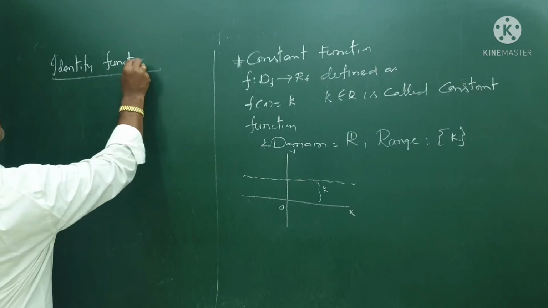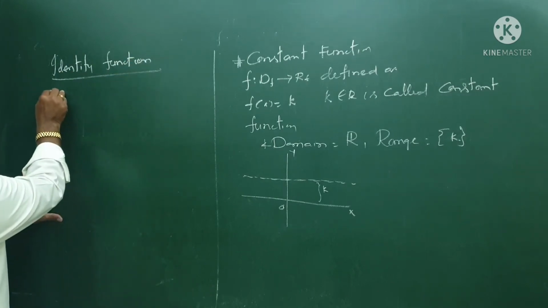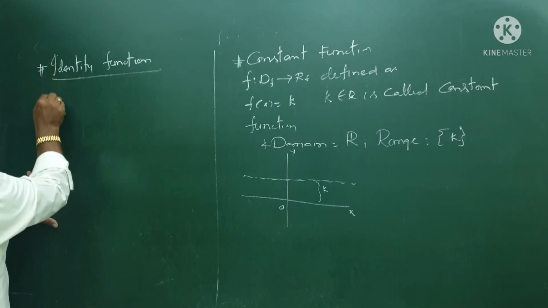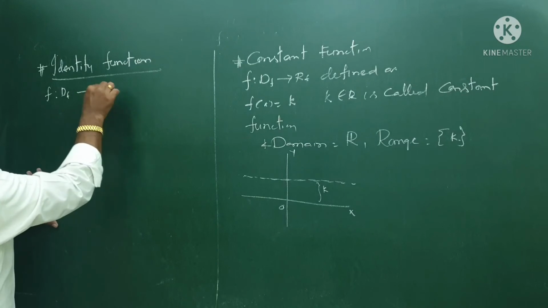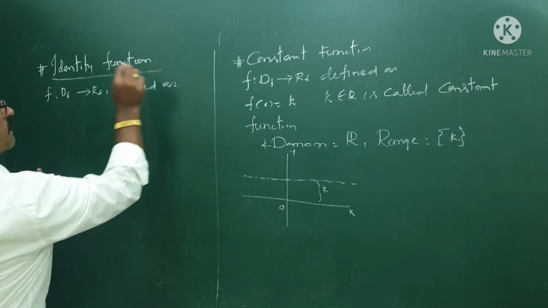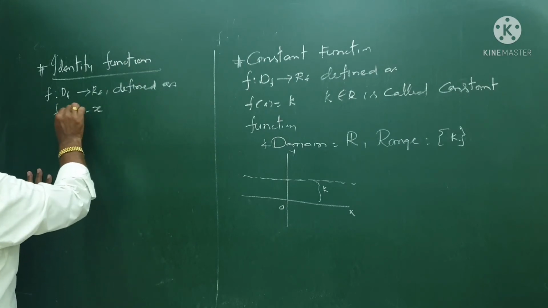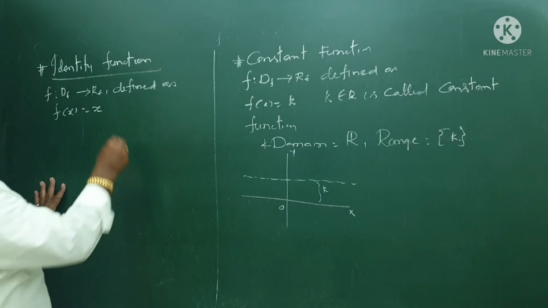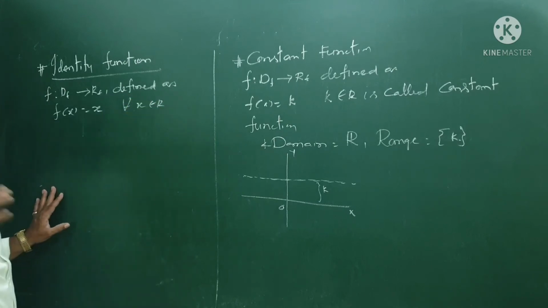And one more, we have the identity function. f maps domain of f to range of f, defined as f of x is equal to x. That means my input and output are both the same.